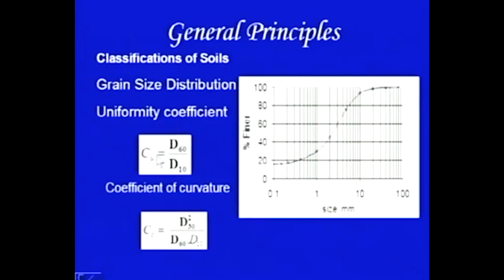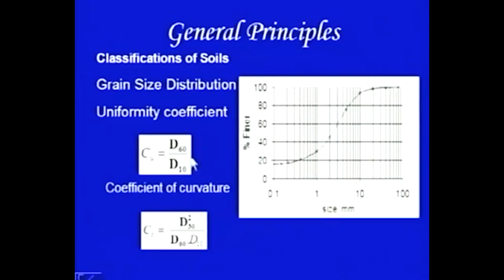Coefficient of uniformity is given as D60 by D10. D60 means corresponding to 60% finer, this is the particular size, such that 60% is finer than this, and D10 is another size, where 10% is finer.